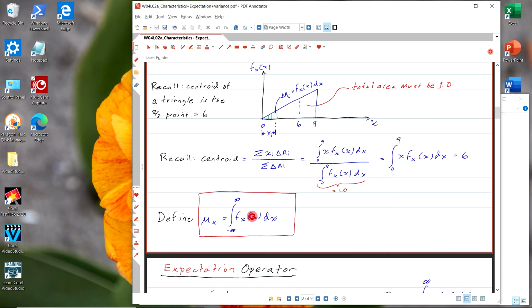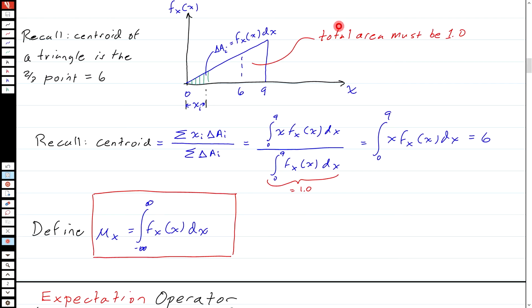In general, we can define mu of x as equal to the integral of x times f sub x of x dx.